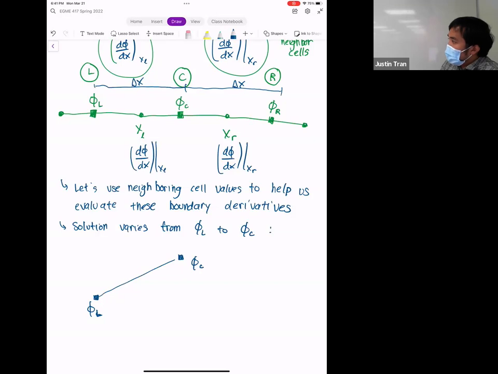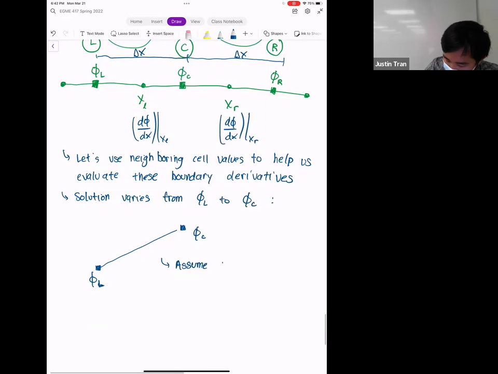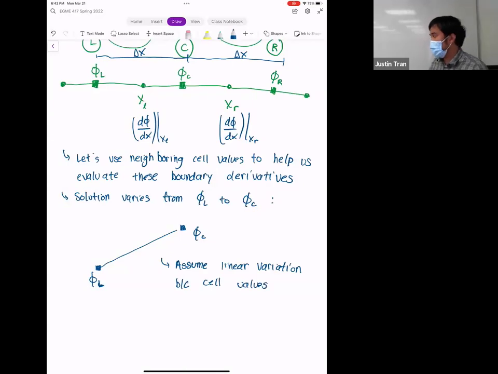And so one thing we can do is we can assume that the variation between those cell values is linear. And so if we assume linear variation, then of course we can find the slope of this line, right?